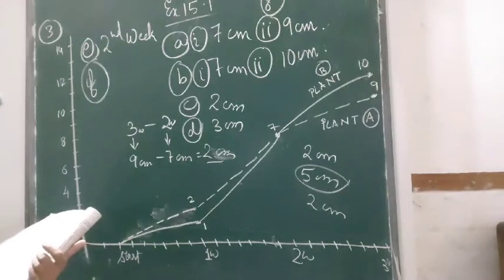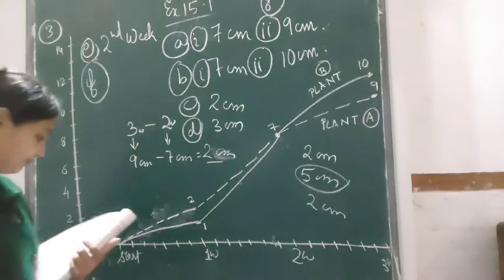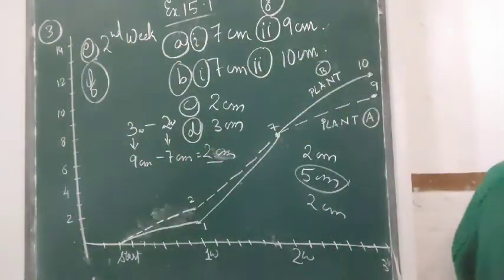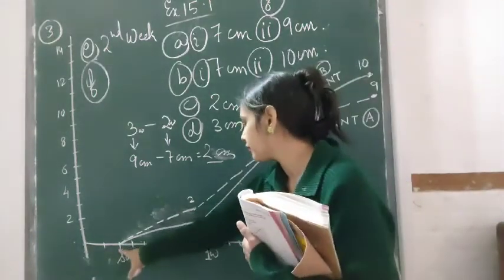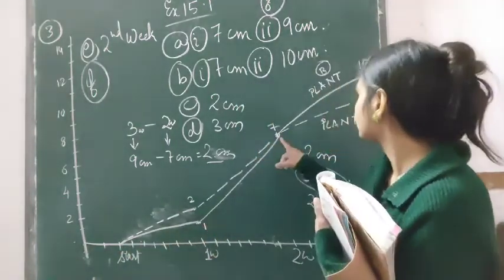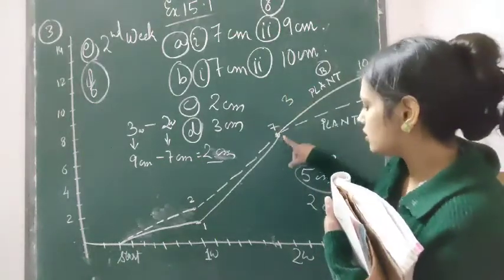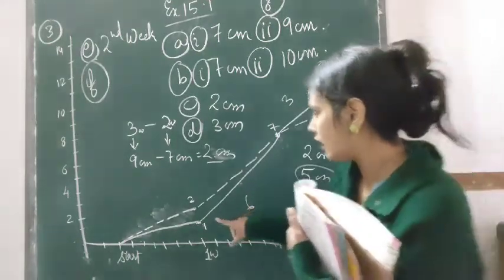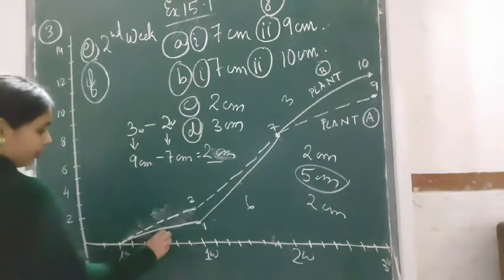During which week did plant B grow the least? So where is plant B? This is plant B. So here 10 minus 7, 3, 7 minus 1 is 6 and 1 minus 0 is 1.